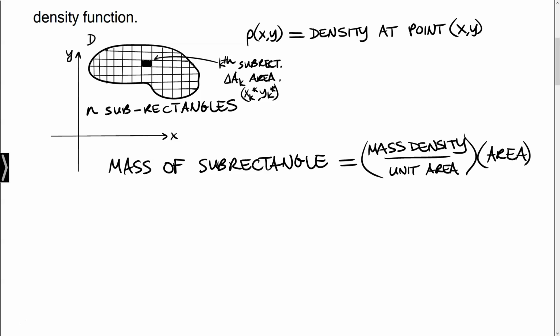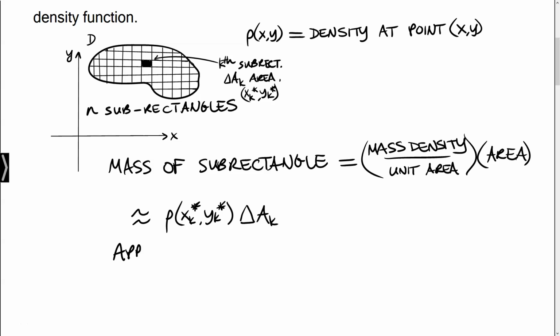But we know we could choose the sample point here and evaluate that density. So the mass is going to be approximately equal to that density evaluated at the sample point times the area, which we said was delta A sub k. So that's the mass of that little subrectangle, approximately.